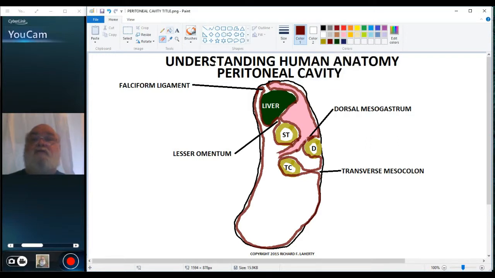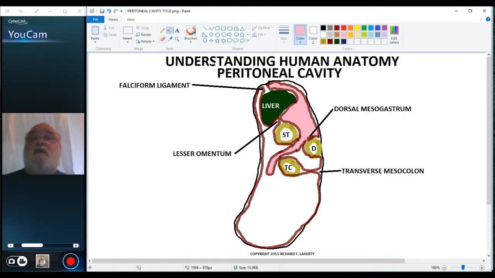And this process continues. Like so. And that lesser sac keeps growing down further and further. And it will grow down over here as well.